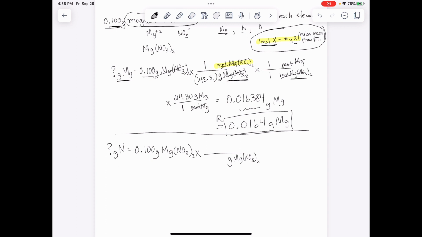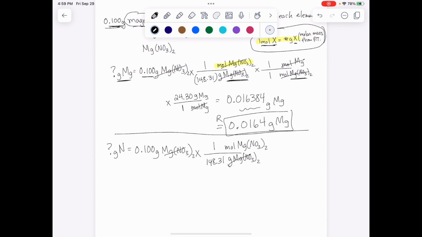The only place I can go is moles of magnesium nitrate, because if I'm going between grams and moles, I have to be talking about the same X. That's the molar mass. I calculated it above, so I'm just going to use that value. And my grams of magnesium nitrate will cancel.